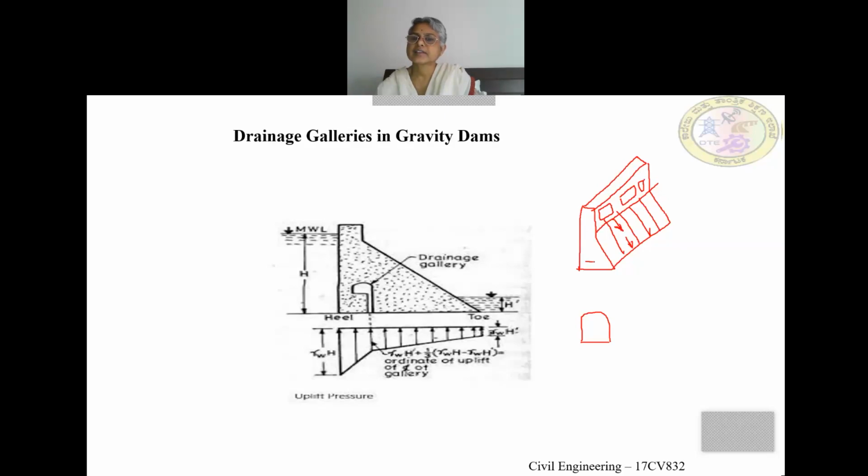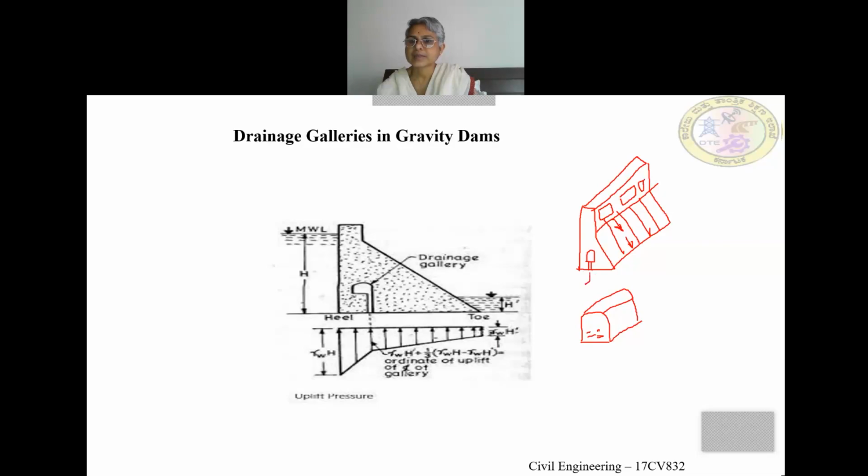The drainage galleries are provided like this. So this will be there along the length of the dam, so if you want to see the 3D view of the drainage gallery, it will be like this, along the length of the dam. So here what happens, water will get collected from the base through a vertical pipe, and there will be a vertical pipe which will be connected to the drainage gallery from the base of the dam.